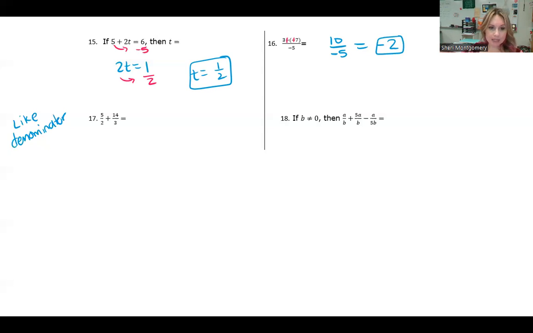So to make it 6, we'll have to multiply this side by 3 over 3, this side by 2 over 2, and rewrite them both. So your new denominator is 6, so it will equal over 6. And then we've got 15 plus 28.